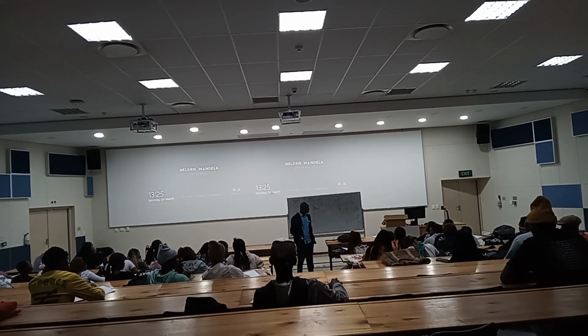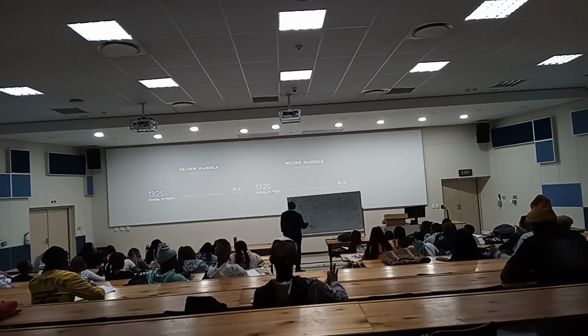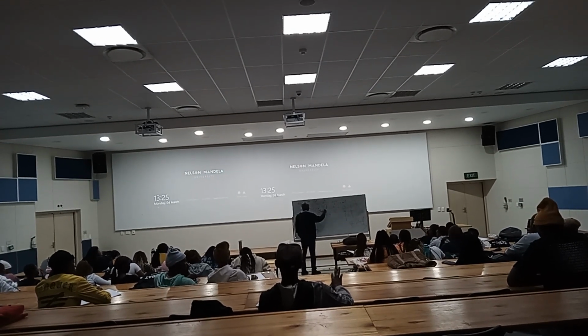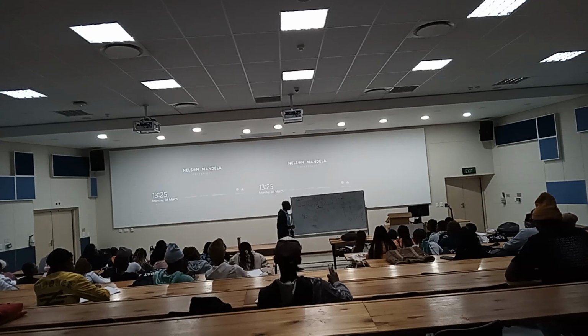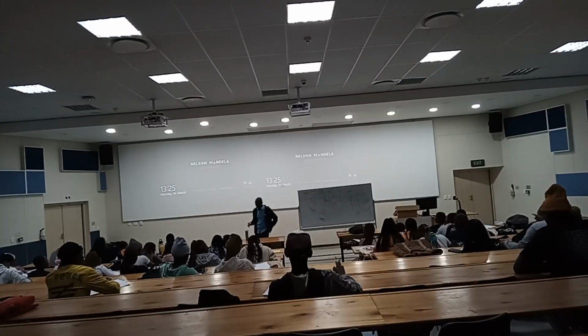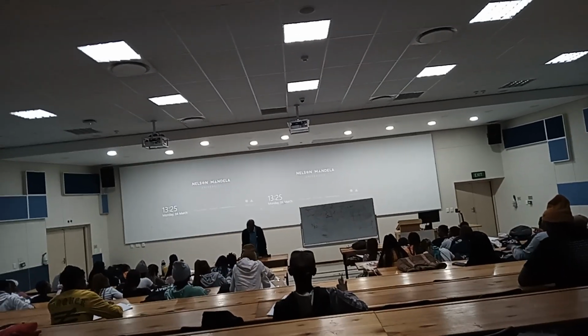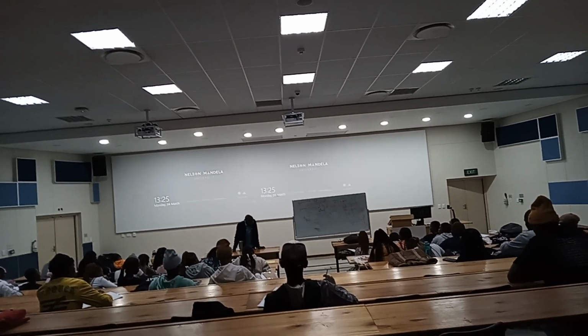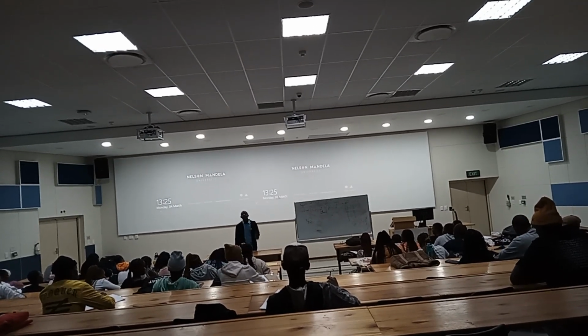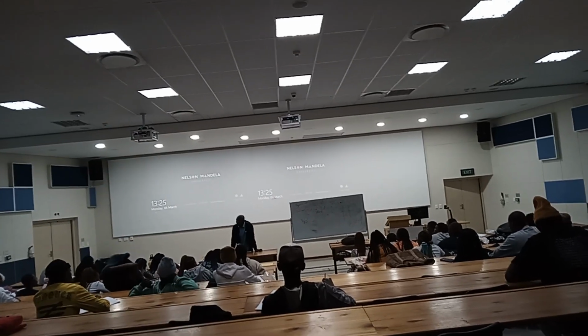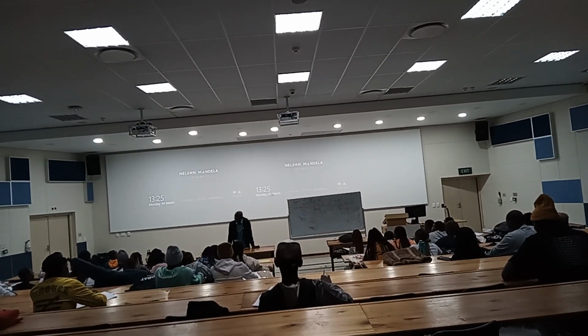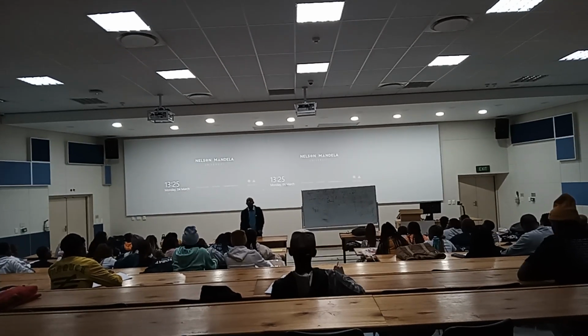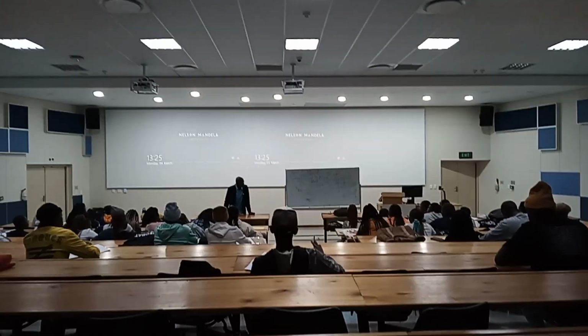Let me explain again. Here we are dealing with cube roots, and you want to evaluate the cube root of an exponent number. But the exponent has to be a multiple of 3. If it is not a multiple of 3, you cannot apply the cube root.